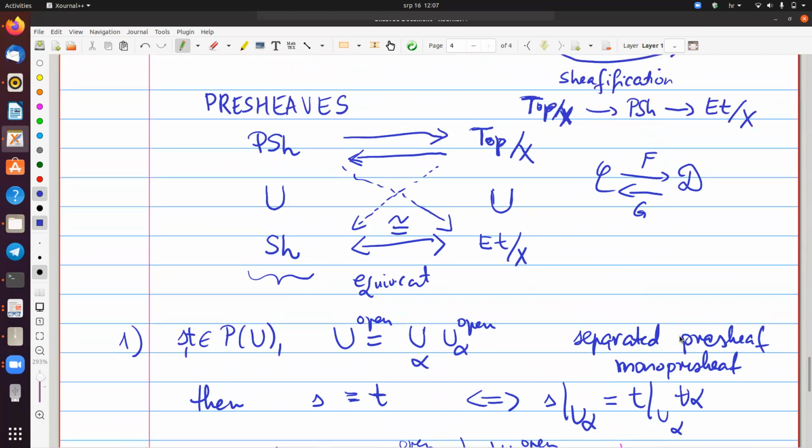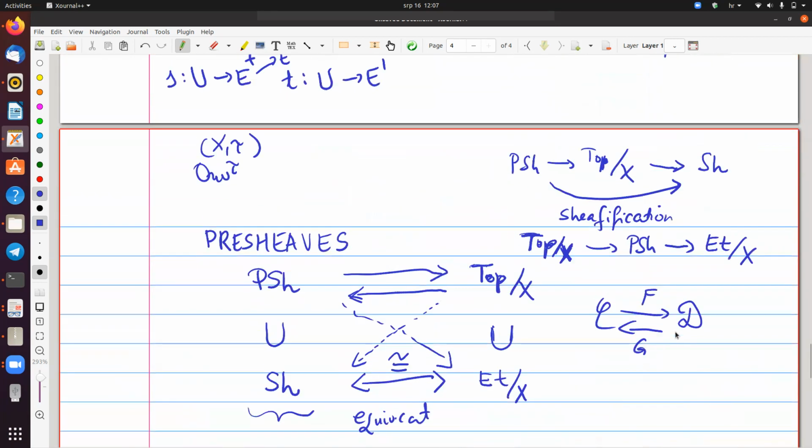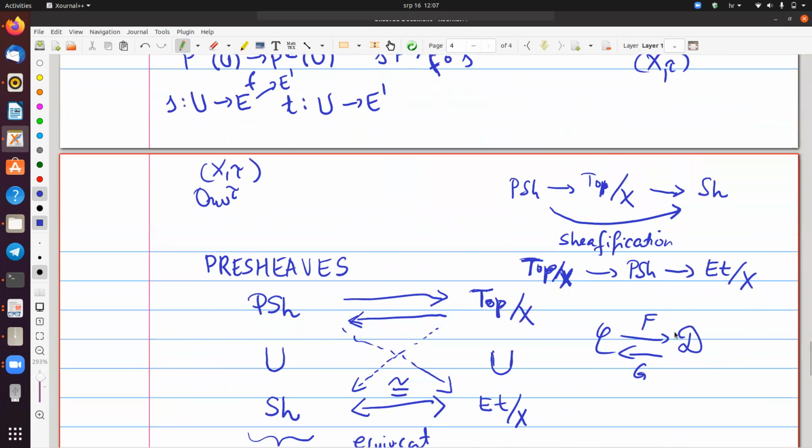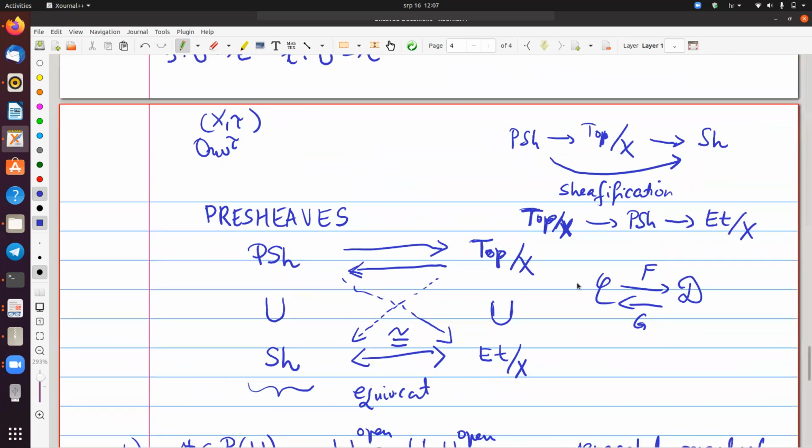So let me see which one. Say, from pre-sheaves to sheaves, every sheaf is a pre-sheaf, so here you have an inclusion.